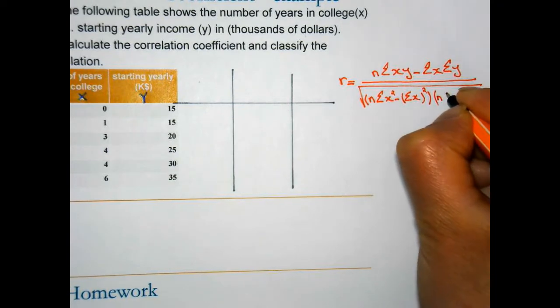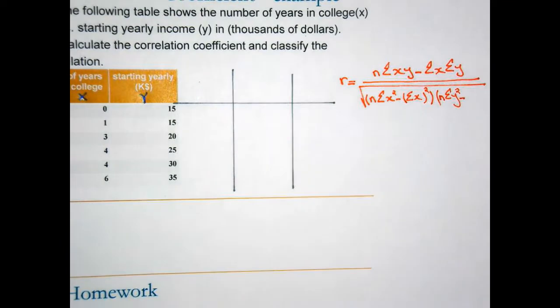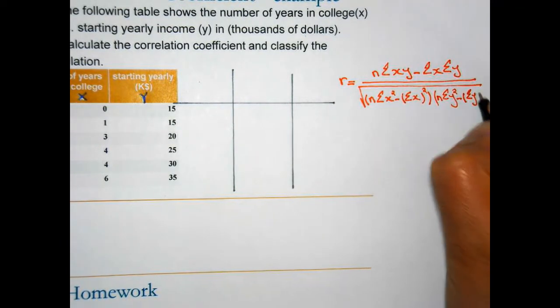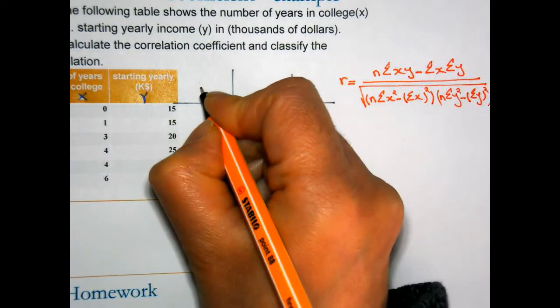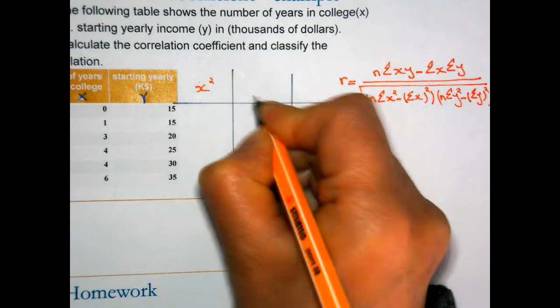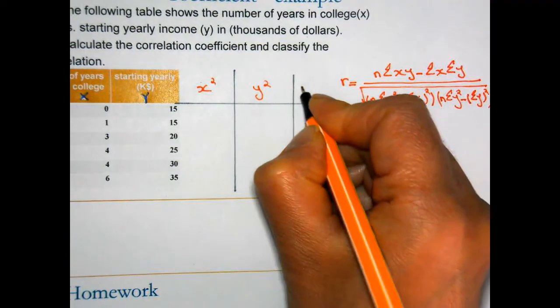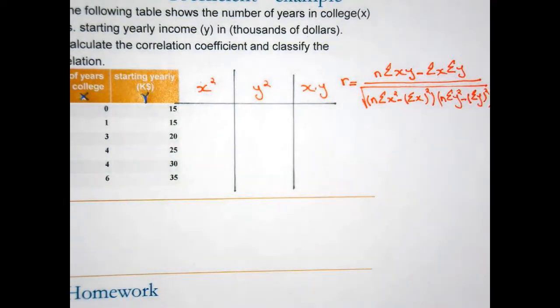So N sigma y squared minus sigma y, squared. So that means we need to find x squared, we need to find y squared, and we also need to find x times y, because we need the sum of all these numbers in our calculation.